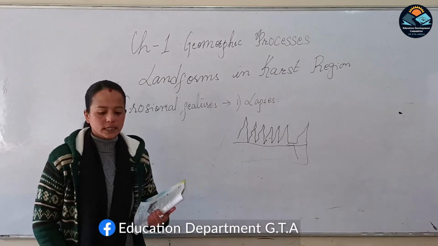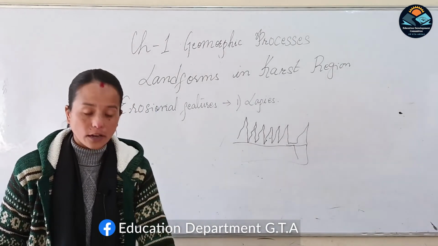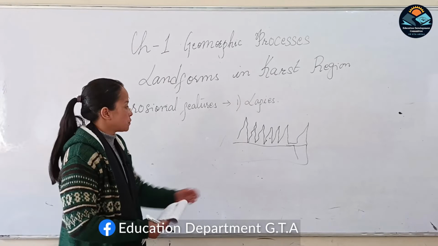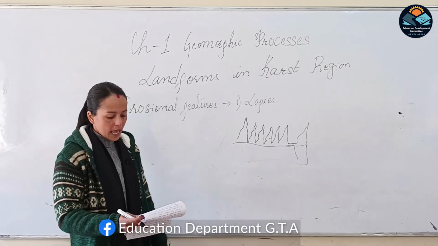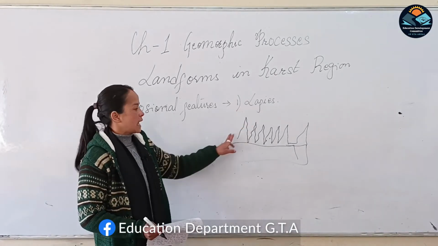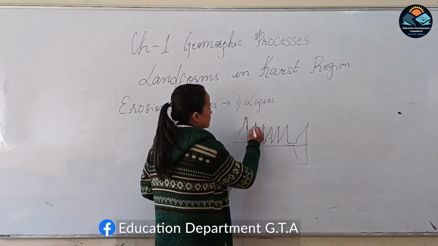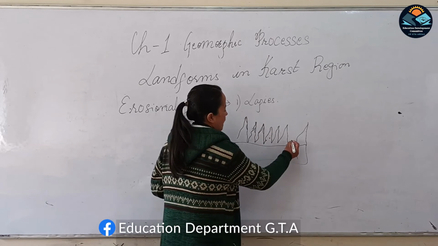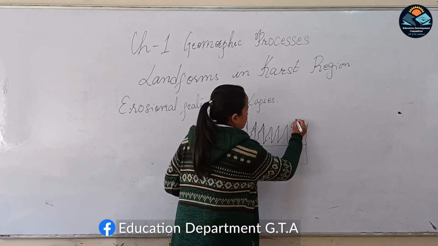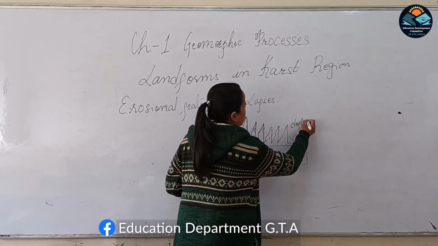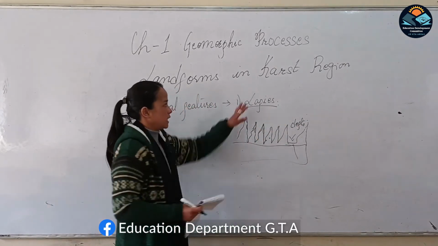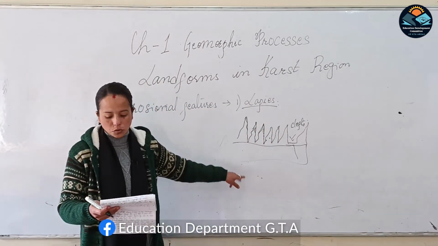Lapis are the corrugated and rough surface present in the limestone region. The pointed parts are the ridges, and the gaps between them are called the clefts. This is one of the features that we see in the karst region or the limestone region.